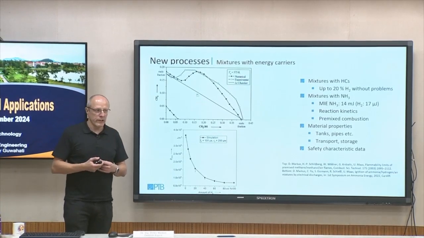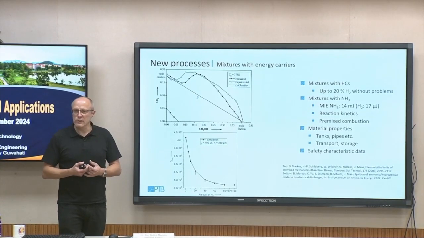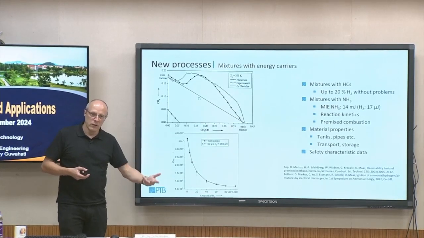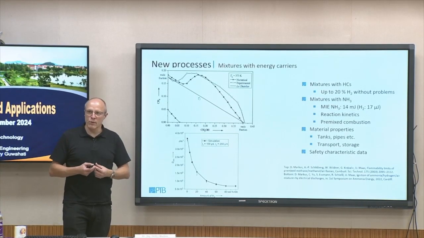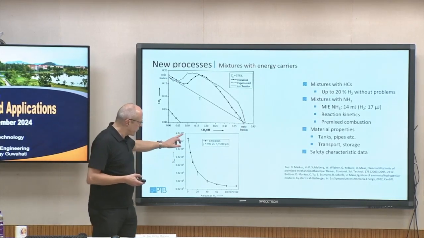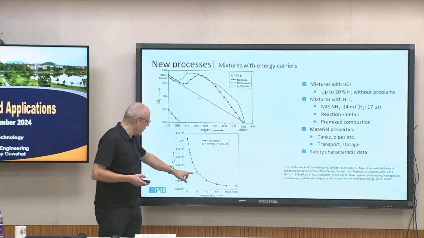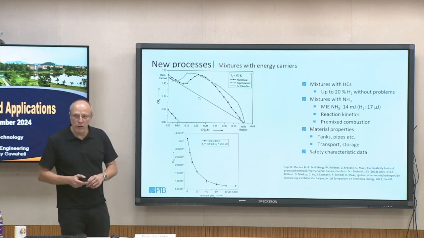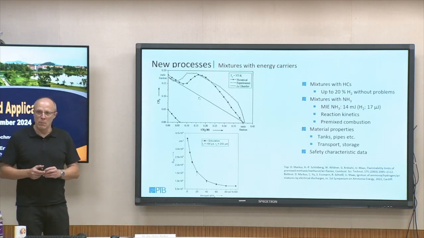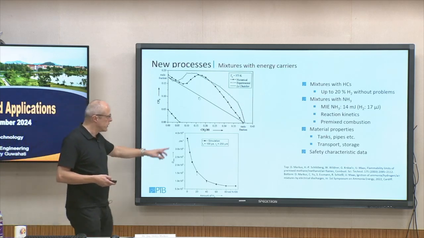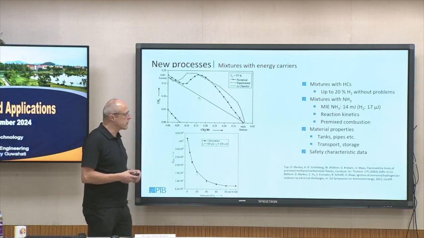So there's the idea to have onboard cracking, for example in cars, so that you enrich your ammonia with 10 or 20% of hydrogen. And you see here that with 20% of hydrogen, you strongly decrease the minimum ignition energy necessary for ignition. So this has a strong effect.